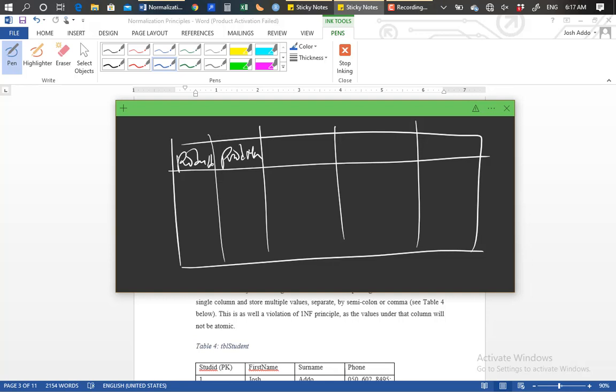Let's keep it simple. So product ID, let's say product ID 1, the name is, let's say, printer.